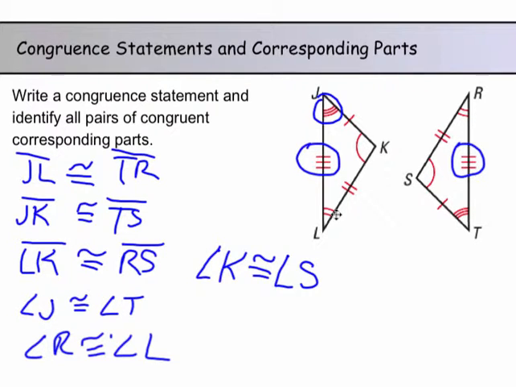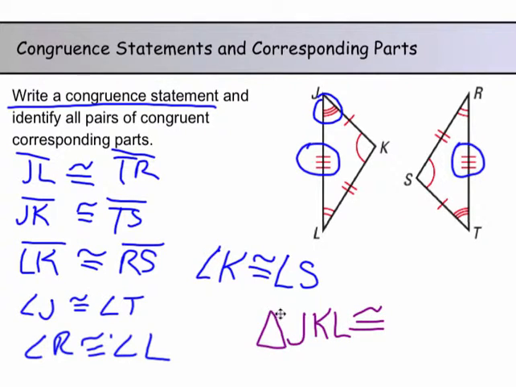Then when I write my congruence statement, that means we're putting the triangles together. So I'm going to say triangle JKL is congruent to triangle. Now we have to make sure that we name this correctly.